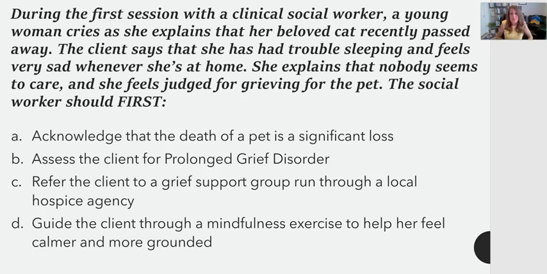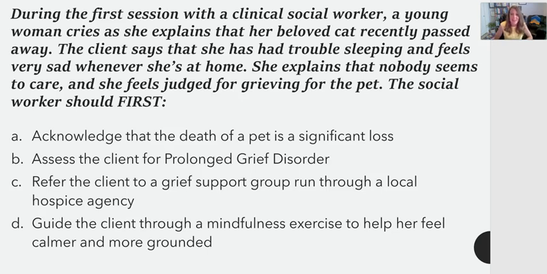So people will often struggle because it's not just, what is the only good answer, it's what is the best answer. And sometimes several of the answers are things that you might do with a client, but what would you do first? So take a moment, pause the video, decide for yourself, and guess what the answer is.